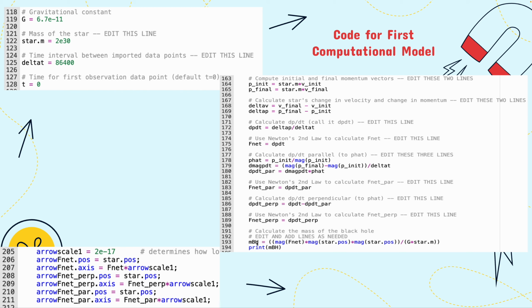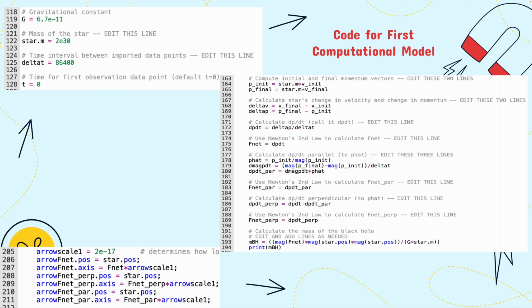And then here the mass of the black hole is equal to, we use the universal gravitational formula here and just set the mass of the black hole by itself on one side, equal to all these values derived from the equation, and that's what we have right there.